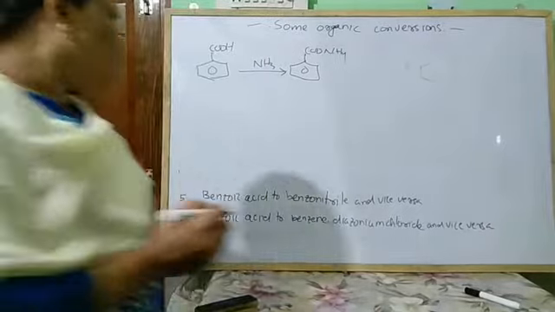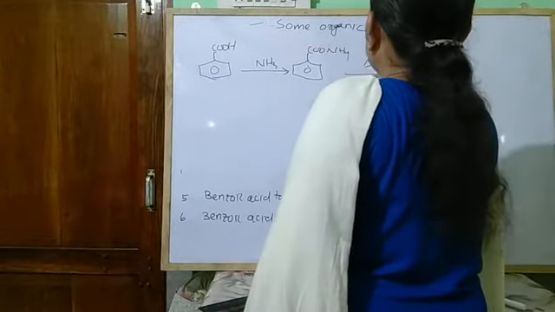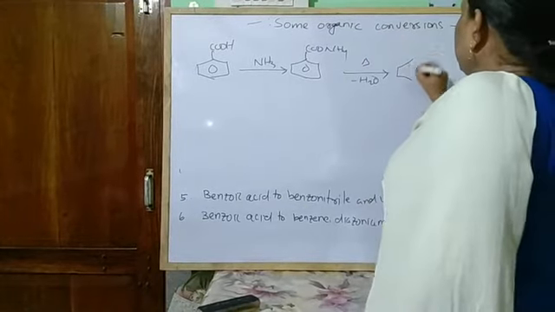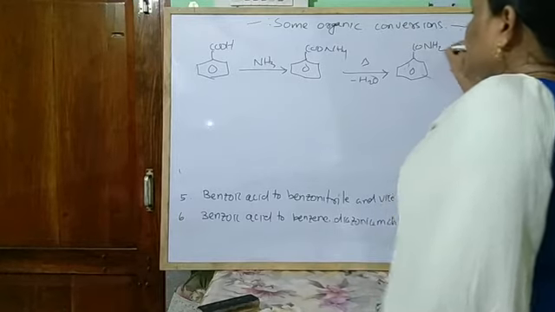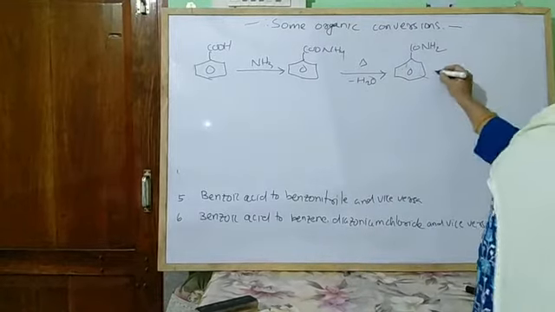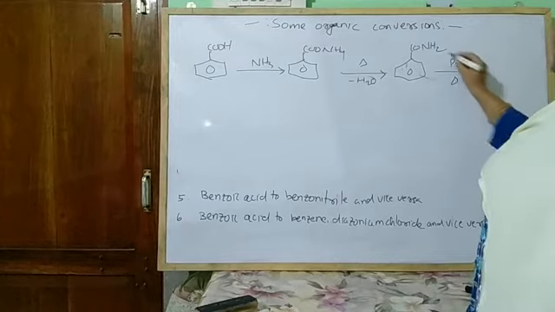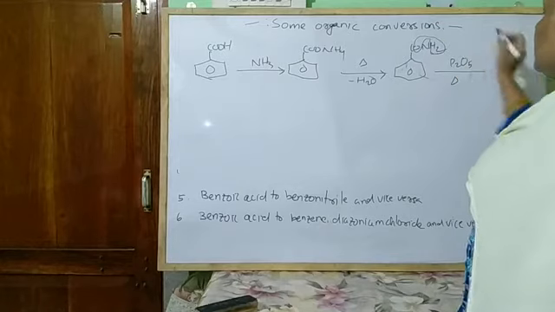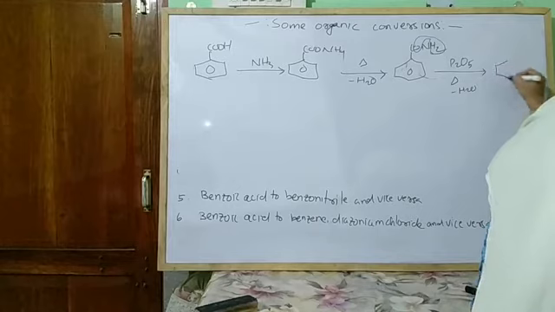When ammonium benzoate is heated, minus a water molecule, H2O, it first forms an amide, benzamide. And this amide when heated with phosphorus pentoxide, with another water molecule removed, minus H2O, gives benzonitrile.